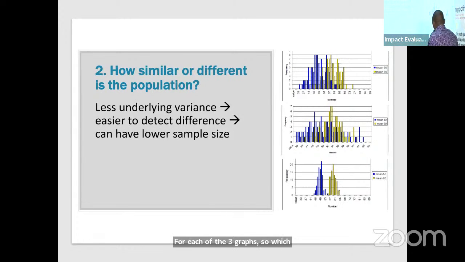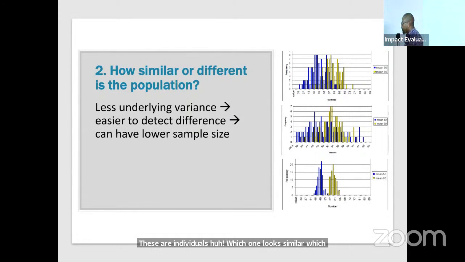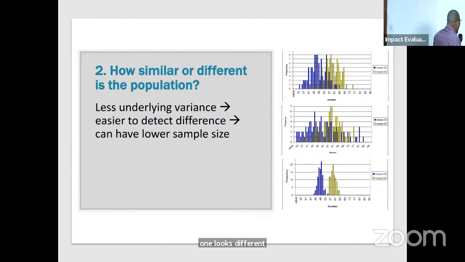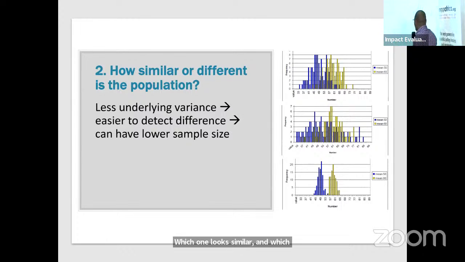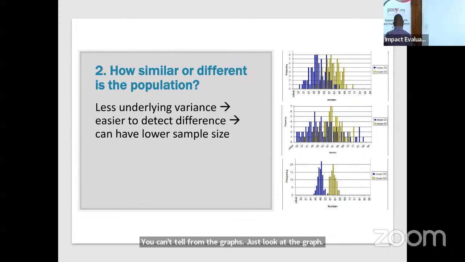So which one is similar and which one is different? If you look at these graphs, which panel has similar underlying data, because these are data points, right? These are individuals. Which one looks similar, which one looks different? Just look at the graph. Don't forget about statistics. Which one is similar? Which one does not look similar?